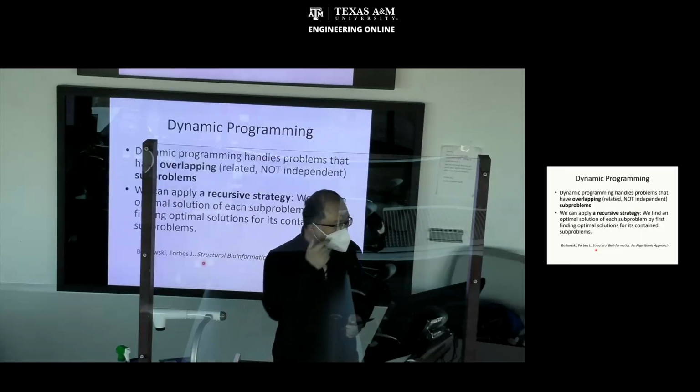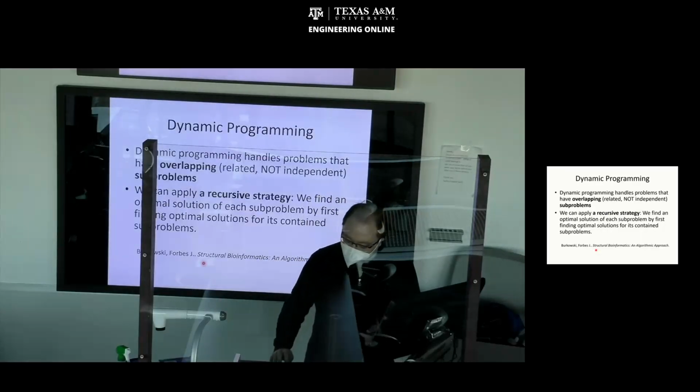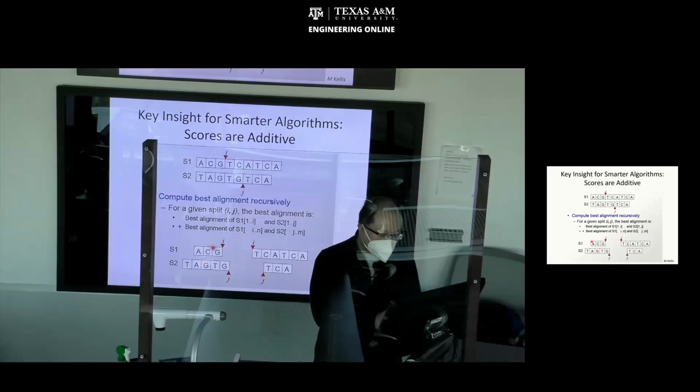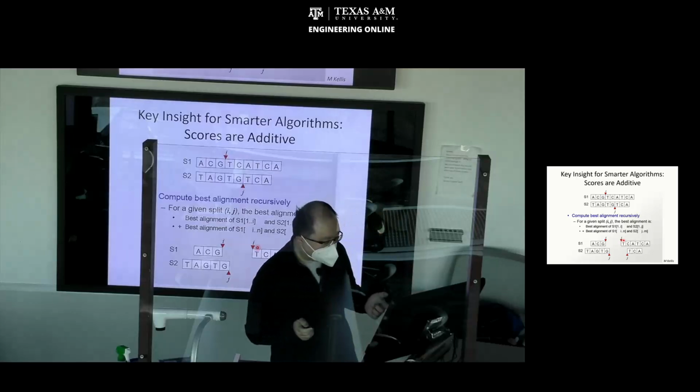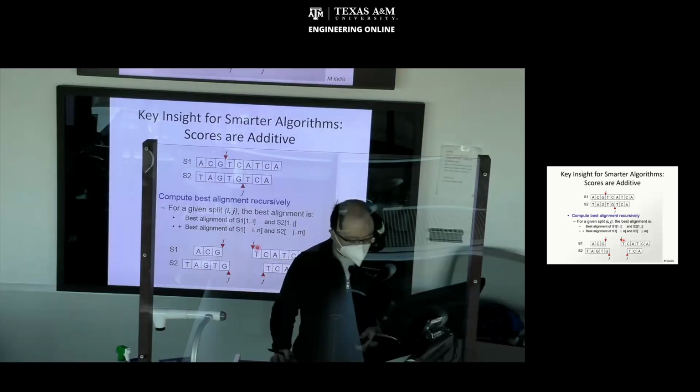And we can solve this recursively. So if we know how to align these prefixes, then we can keep building this longer and longer alignment until we reach the complete strings.